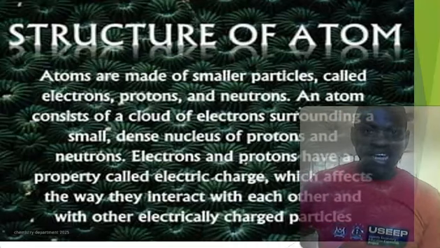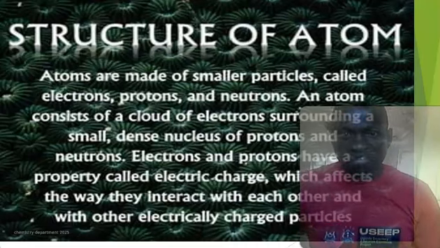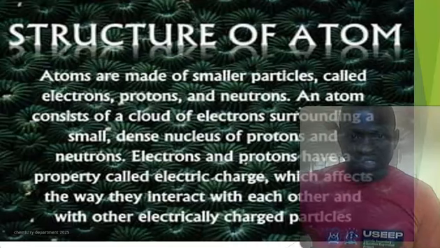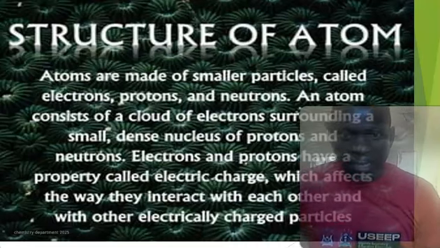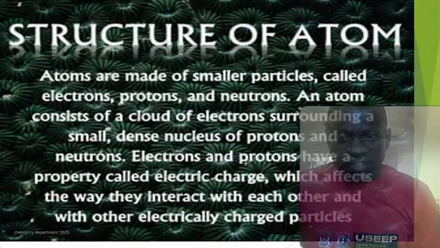Atoms are made up of smaller particles called electrons, protons, and neutrons. An atom consists of a cloud of electrons surrounding a small dense nucleus of protons and neutrons. We shall see on the next slide the locations of the protons and the neutrons in the nucleus.